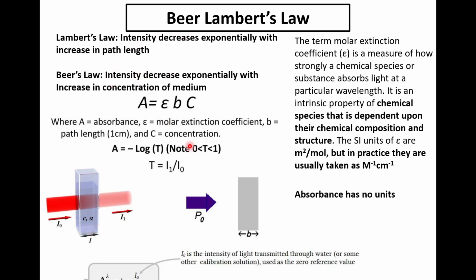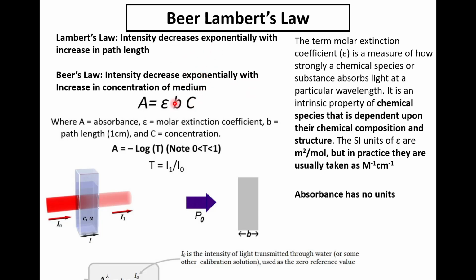This is because the initial intensity is also inversely proportional to your absorbance. So this absorbance is directly proportional to the concentration of the medium as well as the path length.